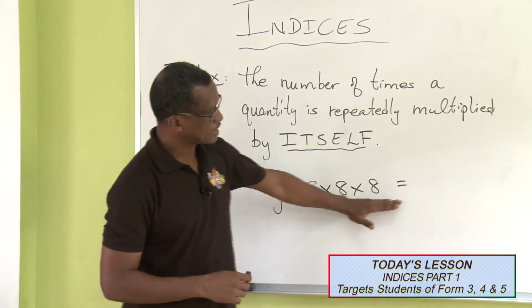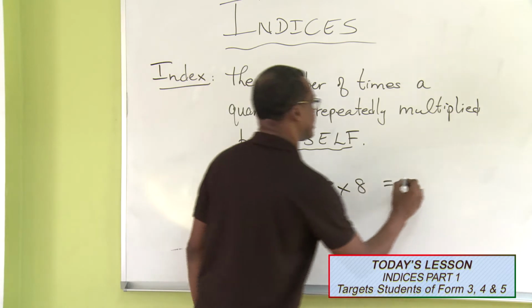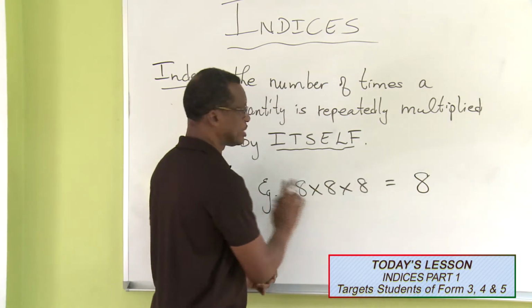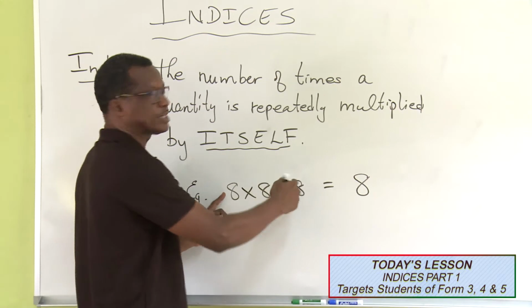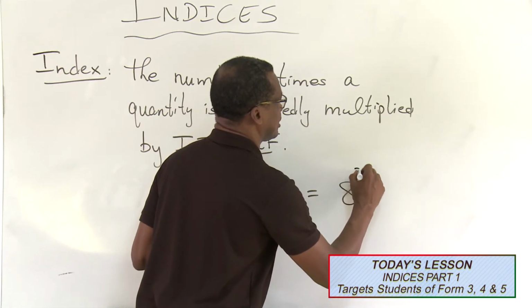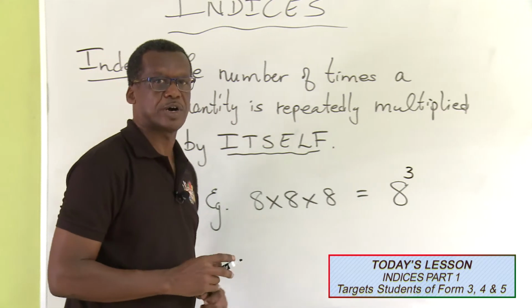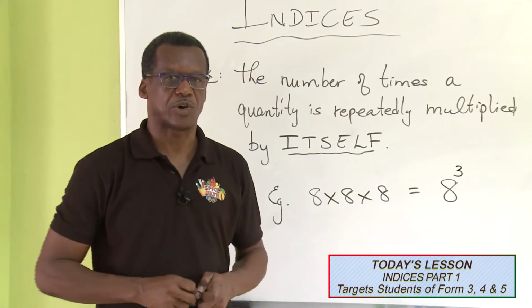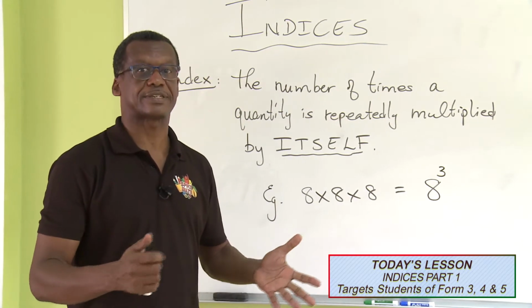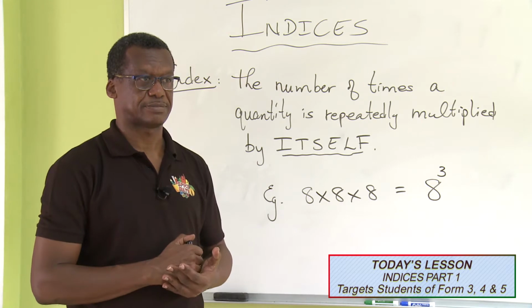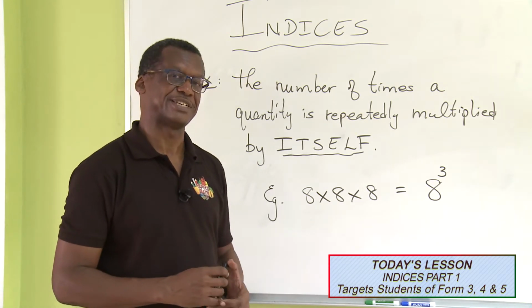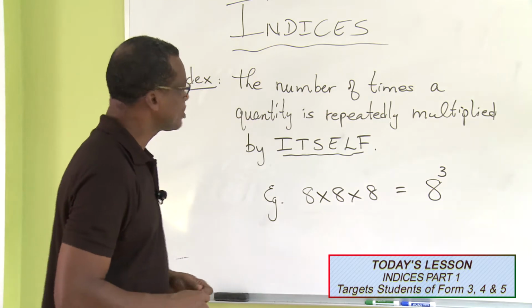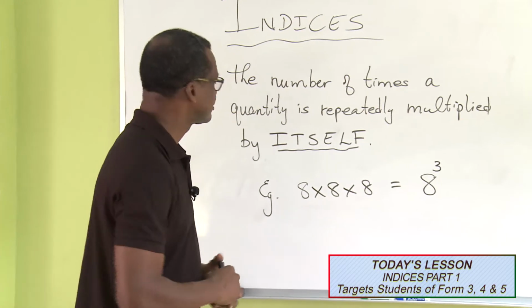This now can be written as 8, which is the number we're multiplying by itself. And in this case, we multiplied it 3 times. So we can say 8 to the power of 3, or 8 index 3. Or you can also say 8 exponent 3. But we're going to stick to the word power.